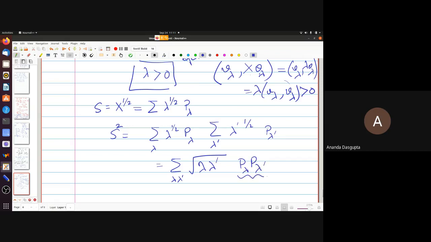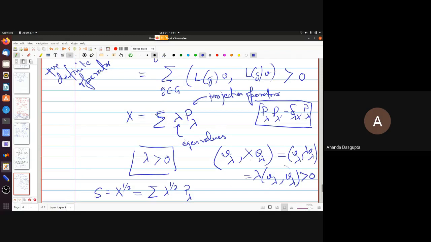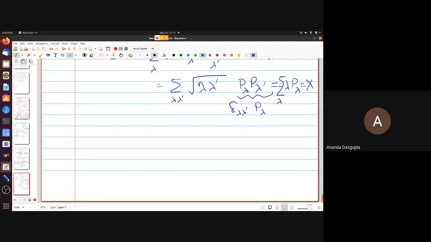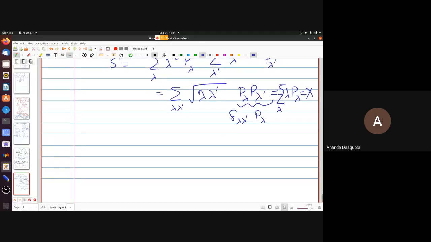But using the fact that this is delta lambda prime, lambda, it is easy to see that this result is the sum over all lambda of lambda p lambda, which is x. Right? So S squared is x. So S is the square root of x. Okay. Is this the only matrix whose square is x? The answer is no. But this is a matrix whose square is x. Is that okay with everybody?